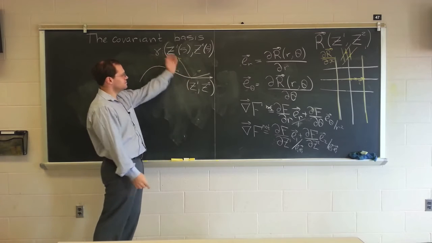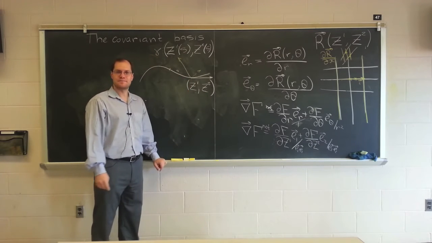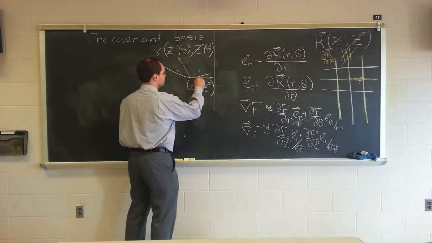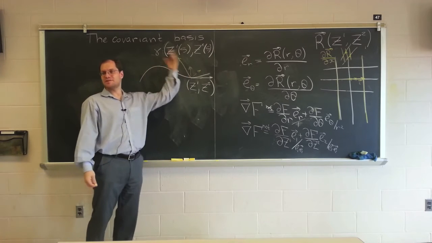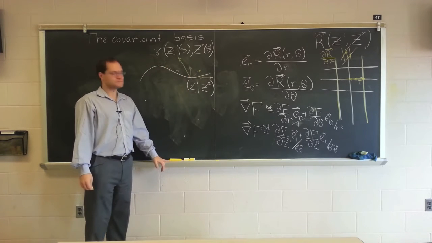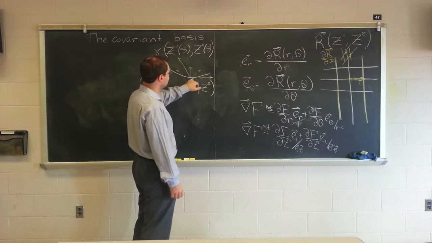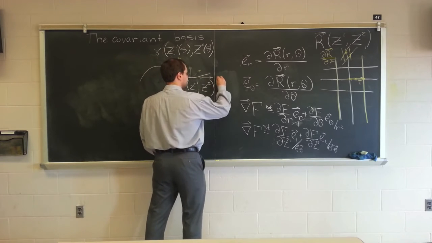If it's some other coordinate system, then the covariant basis can look totally different. And I'm not even specifying which coordinate system we're dealing with. Maybe it's Cartesian, and the covariant basis looks like this. Maybe it's polar, maybe it's some other coordinates altogether different.